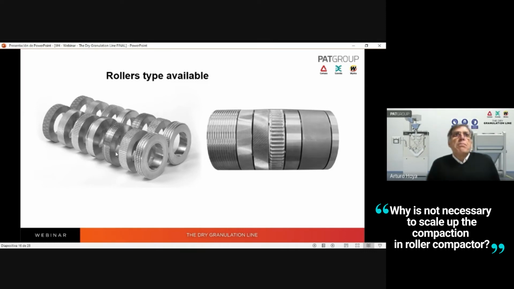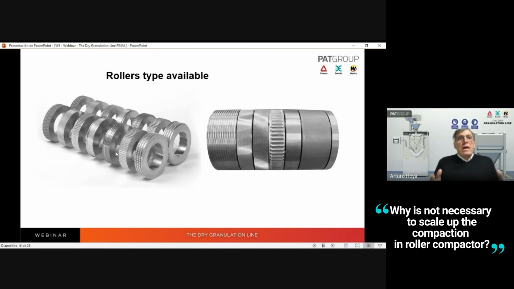The development of a product in the roller compactor equipment can be done directly. The development can be done directly on a production equipment with a minimal amount of powder.